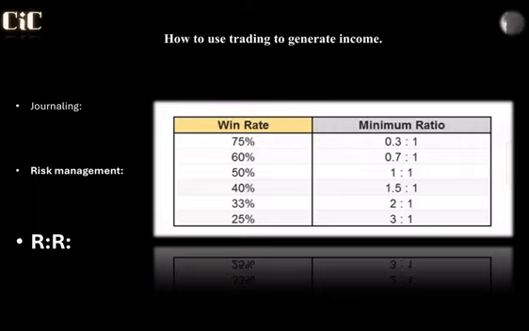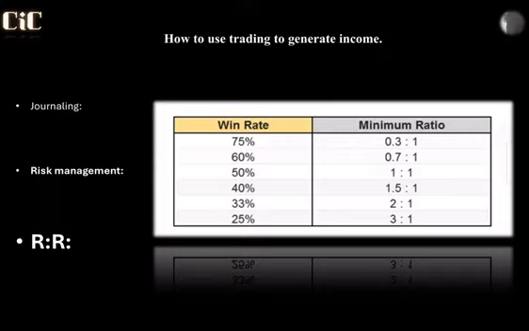Simply knowing this fact, which is the power of risk to reward and pairing it with a strike rate, no matter how low. And believe me, if you have a 25% strike rate, then you need some help, right? It's rare to find someone who's studying under me who has a win rate below 50%, right?